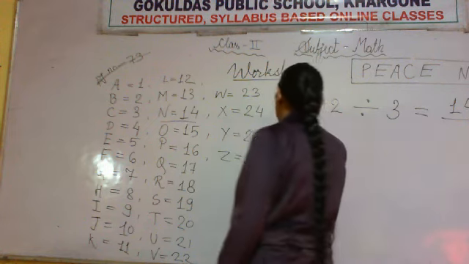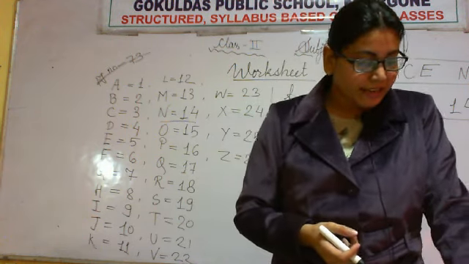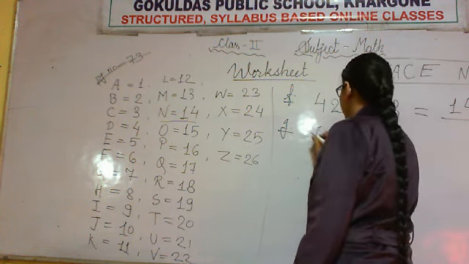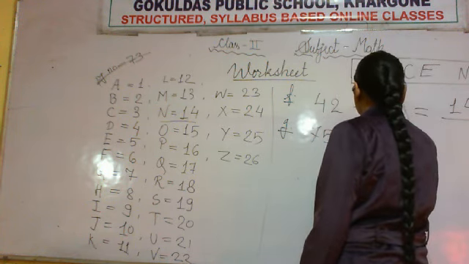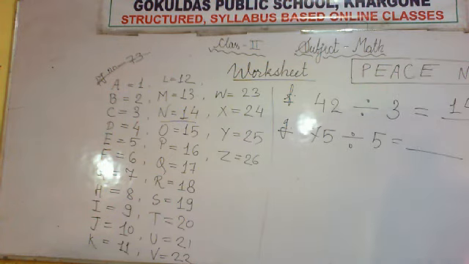The next question, cloud G, 75 divided by 5. So by what number should we multiply 5 to get 75? Number 15.